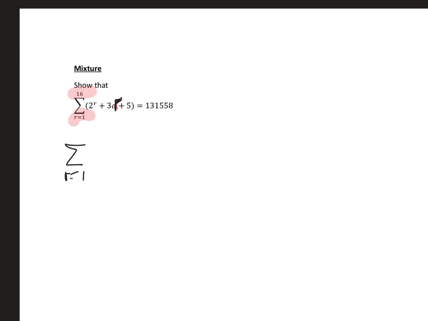So first one, 1 to 16, 2 to the power r, that's geometric. A would be, if I sub in 1, a would be 2, and the ratio, well, what do I times 2 by to get the second term, which would be 4, is 2 as well. So a is 2, r is 2, n is 16.